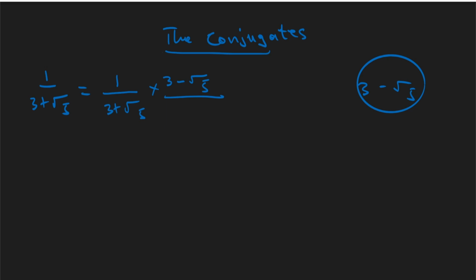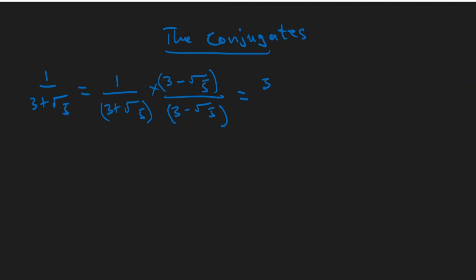We do the same thing at the bottom, 3 minus root 5. So you're going to multiply 1 by this, and then the denominator also by the denominator. So this is the same as 1 multiplied by 3, and then also multiplied by negative 5 will give the same value, which is 3.